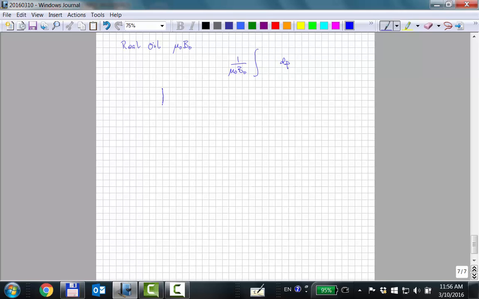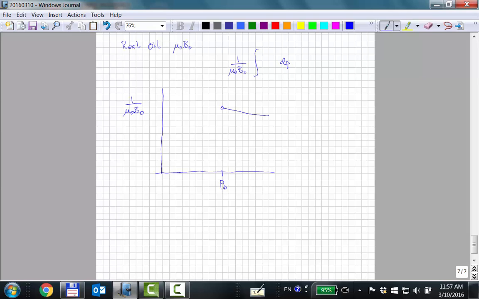But for your PVT problem that you're working on now, you could plot 1 over mu Bo. This is the bubble point. It's going to look something like that, and it's interesting because it's fairly constant, because the pressure dependence of viscosity by itself kind of balances the pressure dependence of Bo.